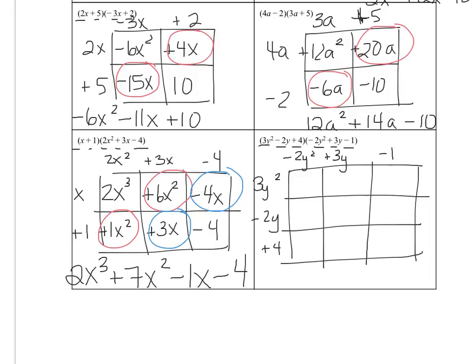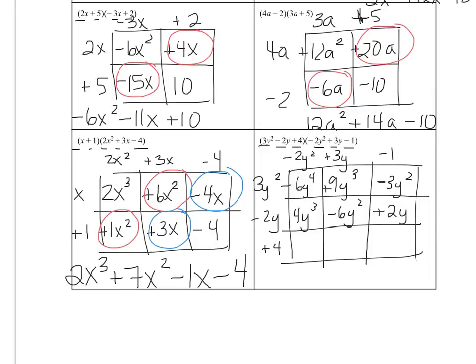So 3y squared times negative 2y squared, that's negative 6y to the fourth. 3y squared times 3y, that's 9y to the third. 3y squared times negative 1, that's negative 3y squared. Negative 2y times negative 2y squared is 4y to the third. Negative 2y times 3y, that's negative 6y squared. Negative 2y times negative 1, that's positive 2y.